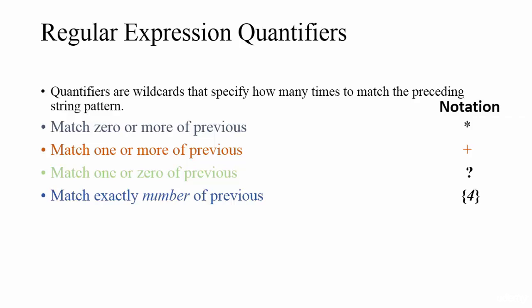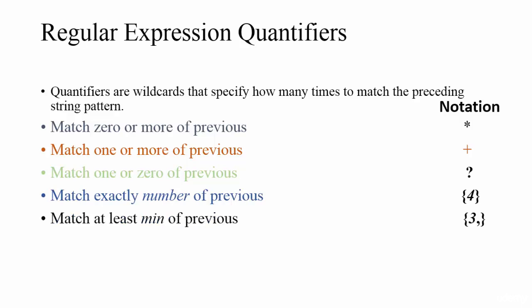In case of the plus notation, I can pick one or more items from my box. In case of question mark, I can pick 1 or 0 items. I cannot pick more than one item. And in case of 4, I can only pick 4 items from the box.